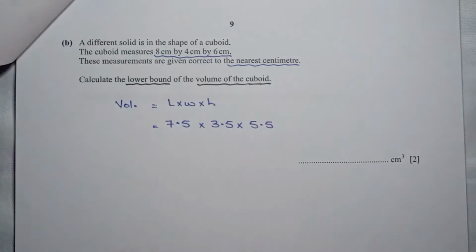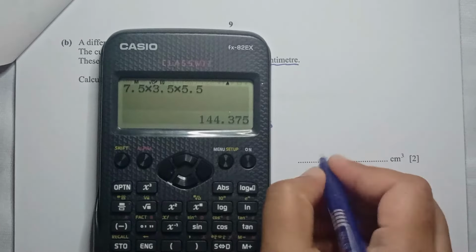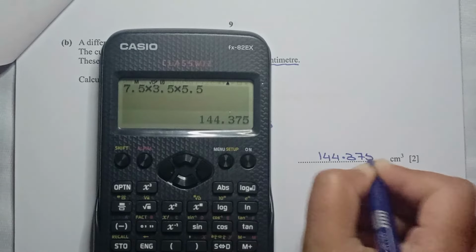We will get the volume, right? So let me do it. 7.5 times 3.5 times 5.5. So it would be 144.375 centimeter cube.